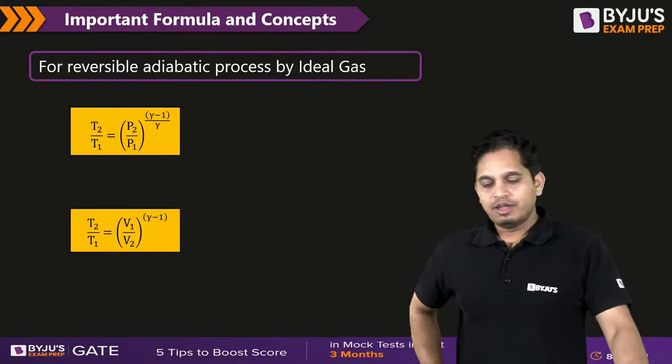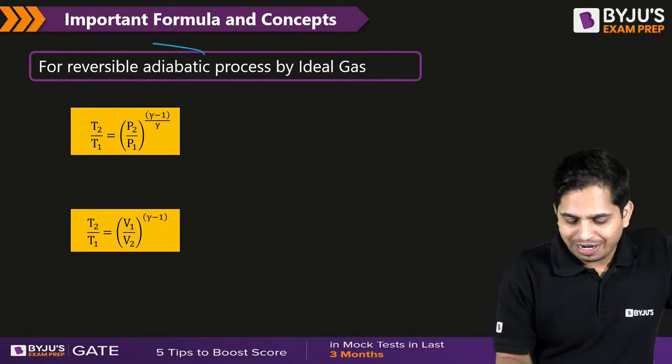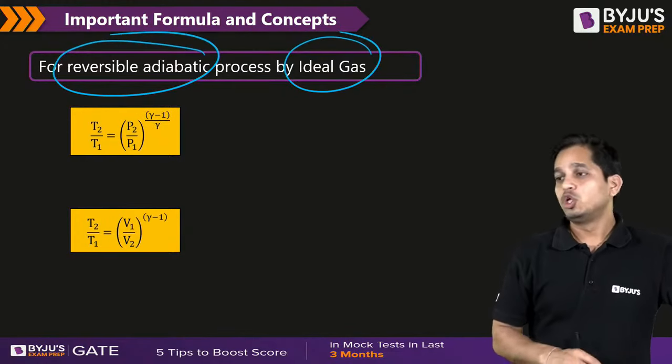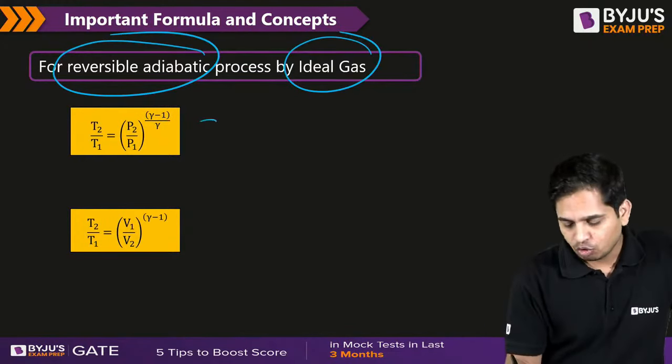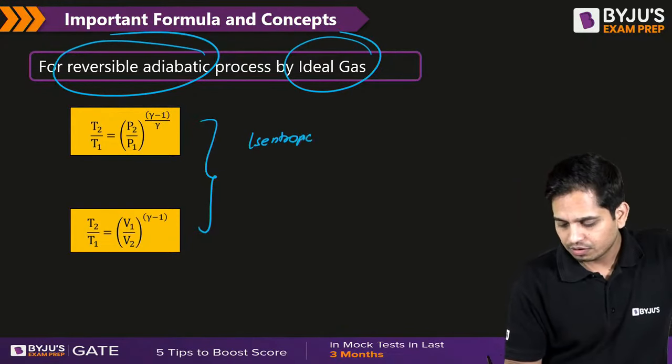Now, a very important relation for a reversible adiabatic process by ideal gas. You can only apply this for an isentropic process, when an ideal gas is undergoing it.